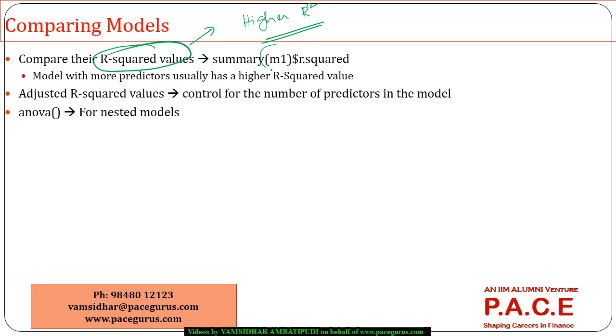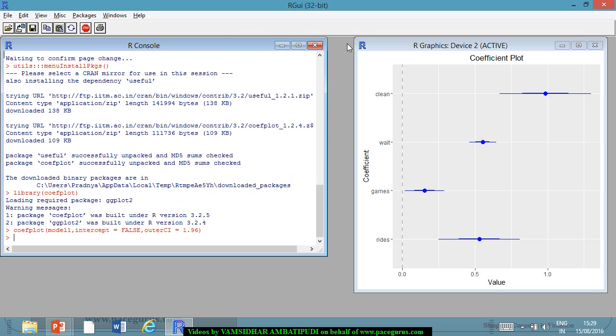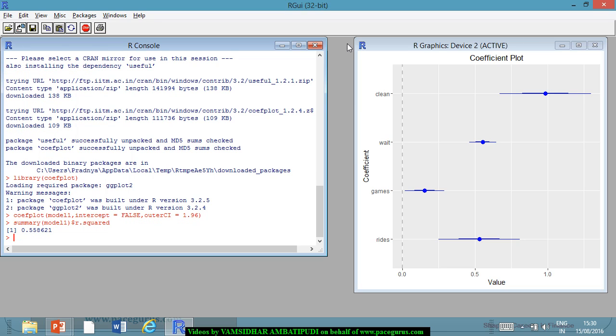Whatever summary I am doing, within that summary, if I say $R squared, I am going to get the R squared value. So if I say model 1, I have to take the summary of model 1 $R dot squared. It gives me 0.558621. So that's the kind of R squared I am going to get.